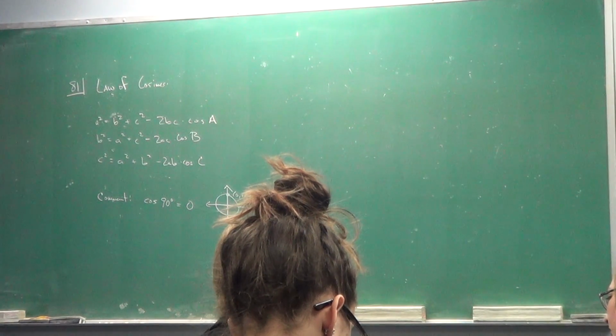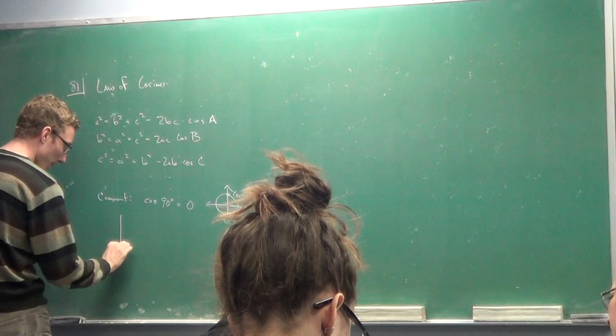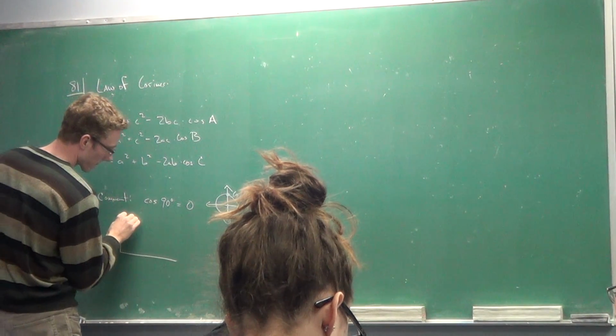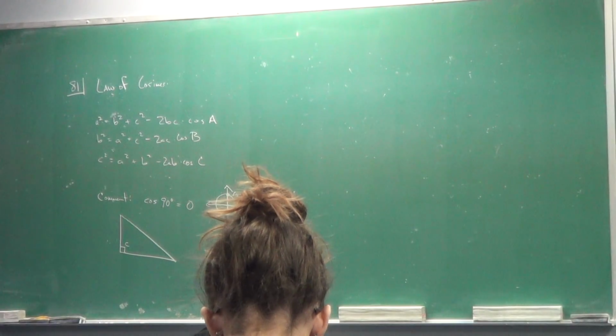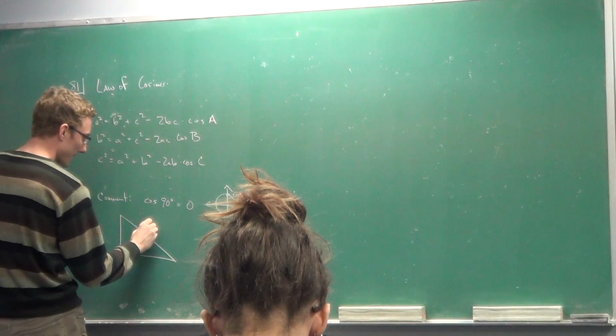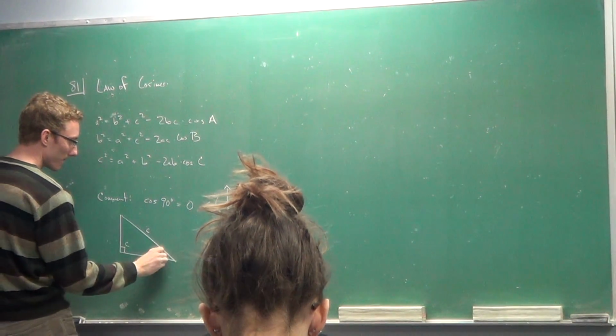Think about this for a second. What if you had a triangle where angle C was a right angle? Side C is over here.